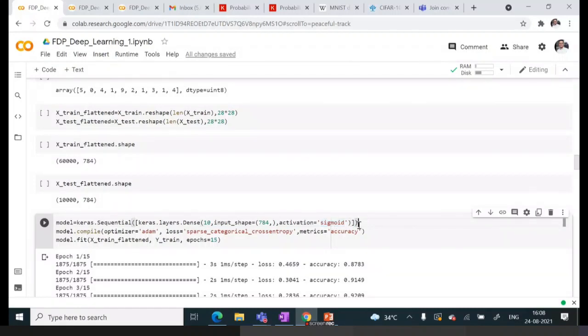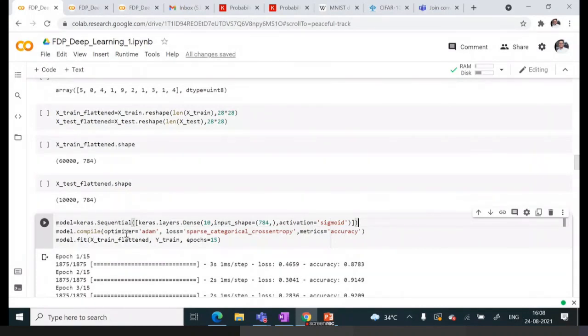We have just told how many neurons are required, which kind of connections are between them, and what the activation function is. That's it. But with respect to errors, we are not yet saying which kind of error we are focusing on or which metric we are going to evaluate our model with. For that purpose, we are going to give this command, which is model.compile.